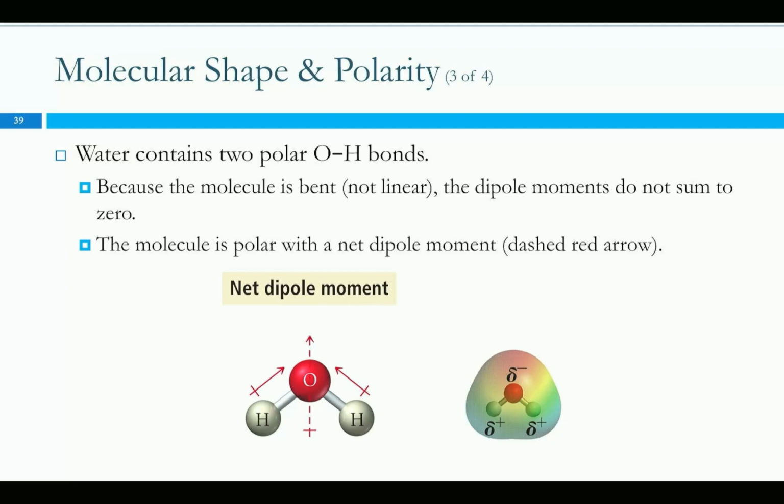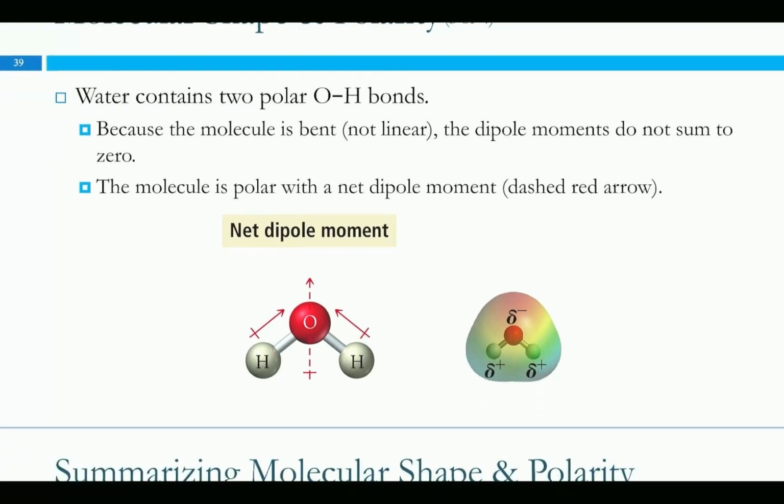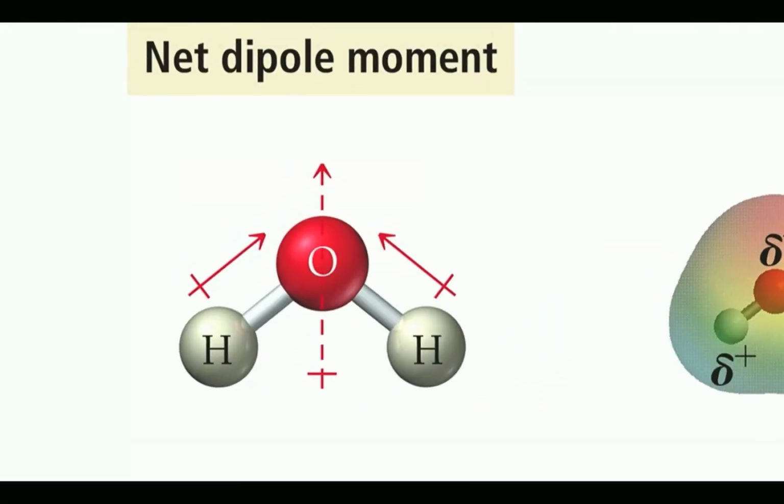If we're just considering the bonds here, and not the 2 lone pairs, we can look at these vectors for each of the hydrogen-oxygen bonds and break them up into components. For the left hydrogen there's some upward component and some component to the right, and for the other one there's some component to the left, and then some component that goes up. So those are the components of the vectors.